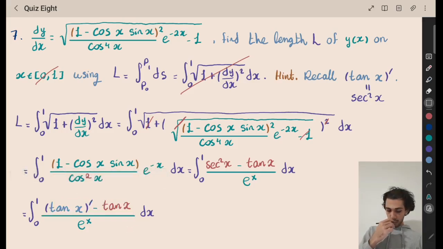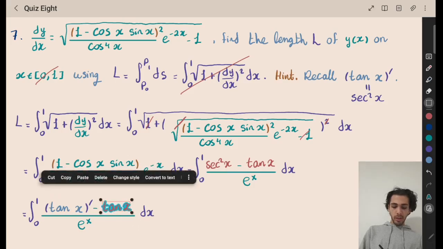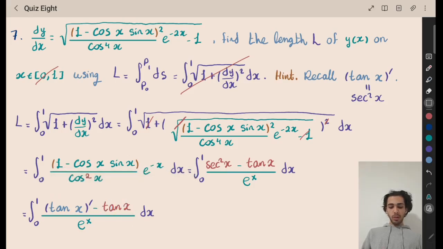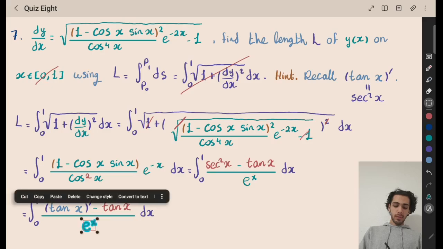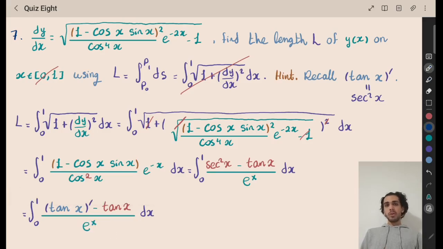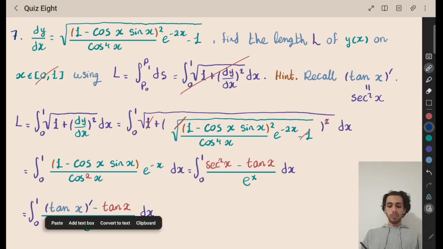Then I have this, and I still don't know what the integral will be, what the value will be. So I have this setup where I have tangent of x, then the derivative of tangent of x, and then e to the x is on the bottom.